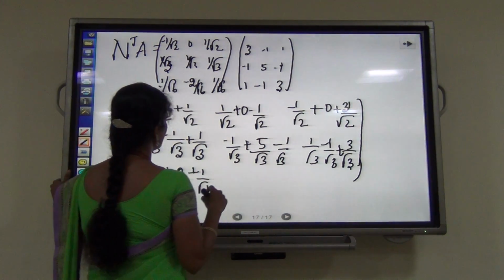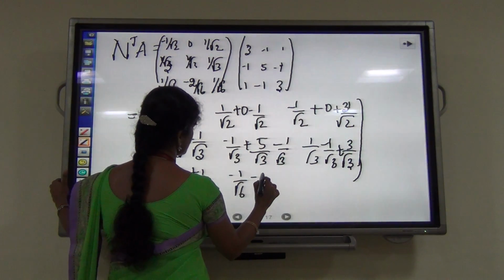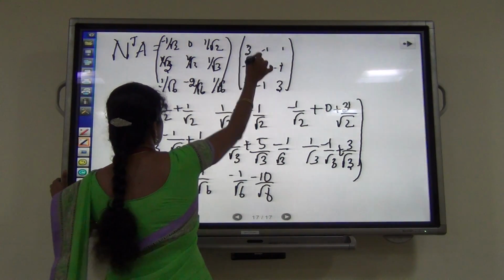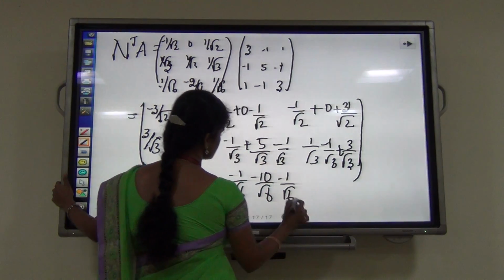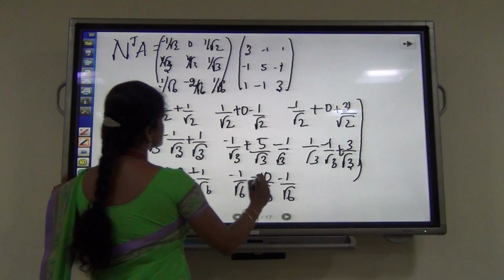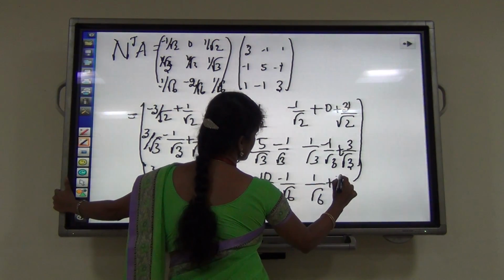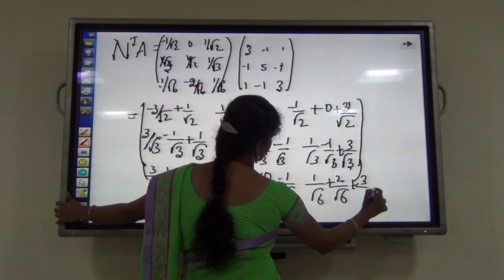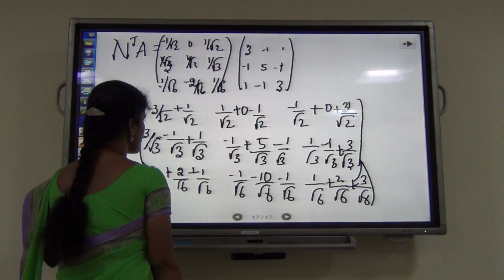And here it is minus 1 by root 6 minus 10 by root 6 minus 1 by root 6. And the last row is 1 by root 6 plus 2 by root 6 plus 3 by root 6. So this is what the matrix is.